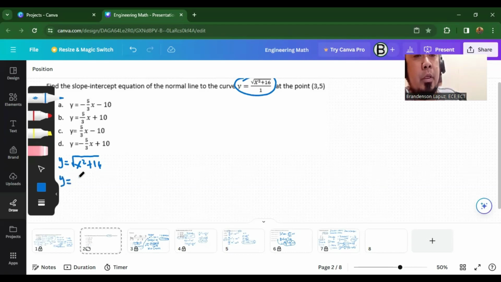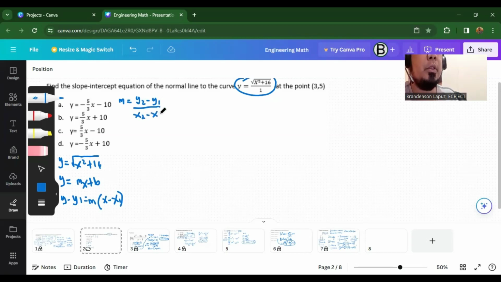Now, recalling the formula for the slope-intercept equation, that is y is equal to mx plus b, and the other one is the point-slope form, which is y minus y sub 1 is equal to m times x minus x sub 1, and your slope is rise over run, y sub 2 minus y sub 1 all over x sub 2 minus x sub 1.